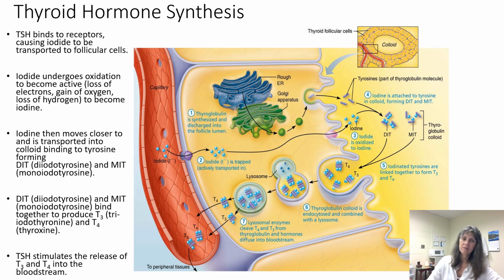It creates diiodotyrosine and monoiodotyrosine, and those bind together to form thyroxine and triiodothyronine on the thyroglobulin, which will then be exported out of the colloid and transported through the follicular cells, where enzymes will cleave the triiodothyronine and thyroxine from the thyroglobulin, and the triiodothyronine and thyroxine will diffuse into the bloodstream.